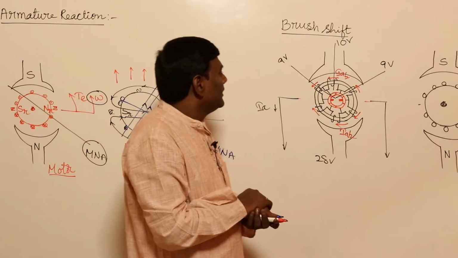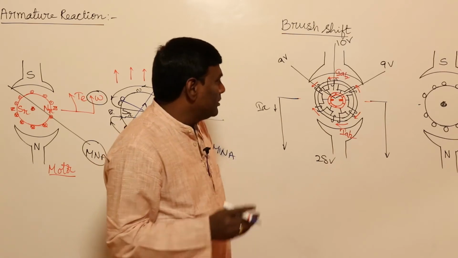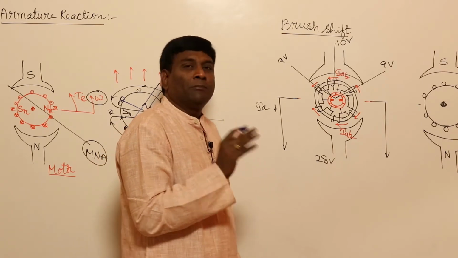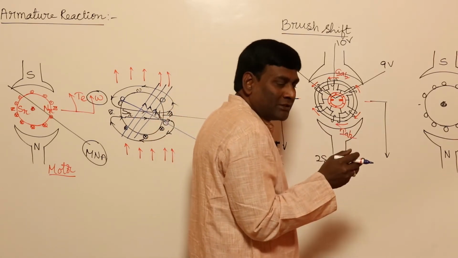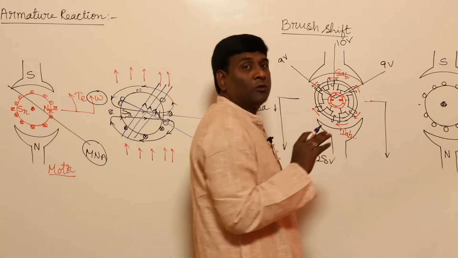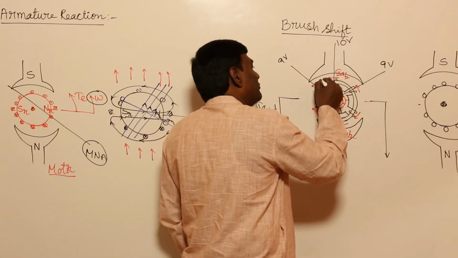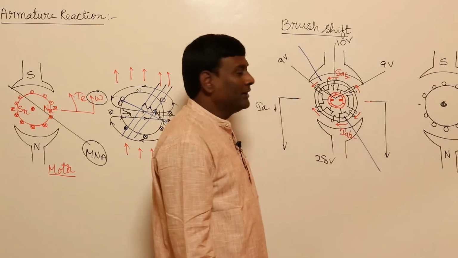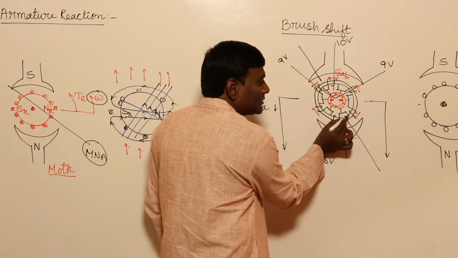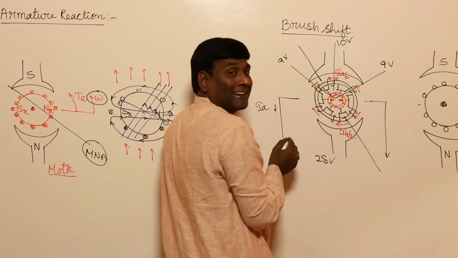Forget about it. Now coming to the point: for example, if you shift the brush in the direction of rotation of the generator or against the direction of rotation of the motor, what will happen? For example, if the brush is shifted to here, then what will happen? If you observe, now these are connected in series.